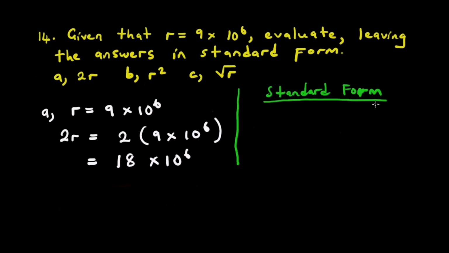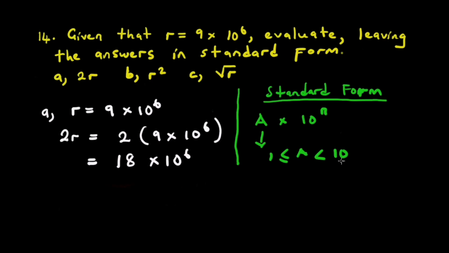Saka kana tichiti standard form ndekuti we are expressing numbers in this form a times 10 to the power n. A yedu should be a number greater than or equal to 1 but less than 10. So azurungoreva nezvekuti a should be a single digit number. Kubva pana 1 kusvika pana 9.